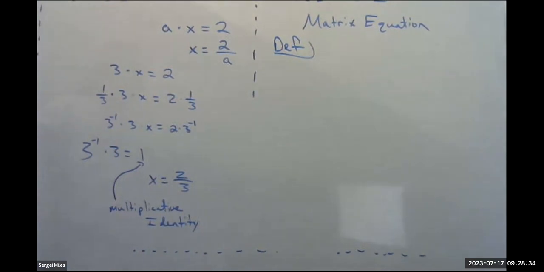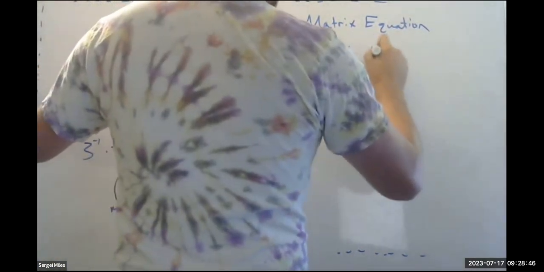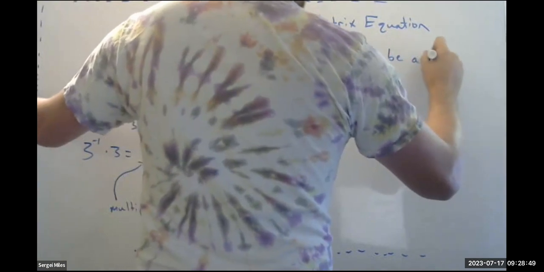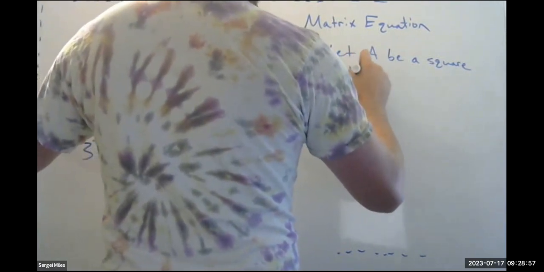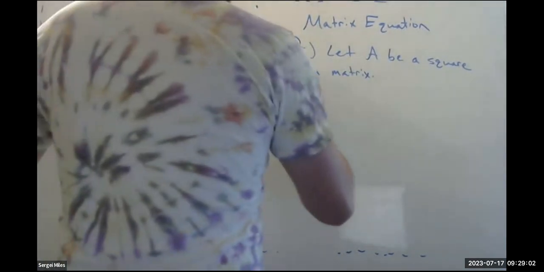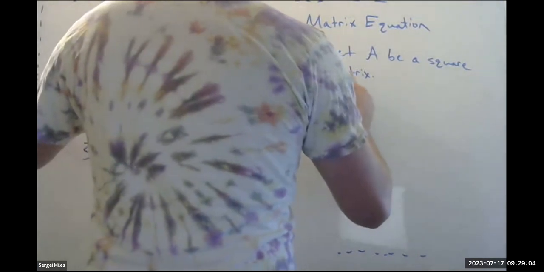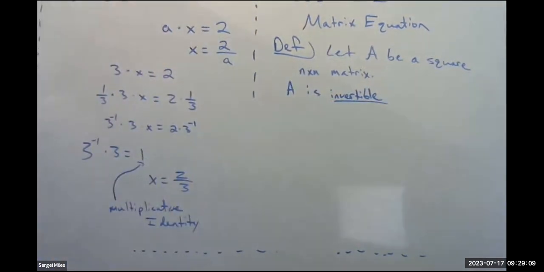We also want to note this is only going to work for square matrices. If your matrix is not square, you cannot find an inverse. And we'll talk a little bit about why in a moment. So let the matrix A be a square n by n matrix. Okay. We're going to say A is invertible, or in other words, an inverse exists.